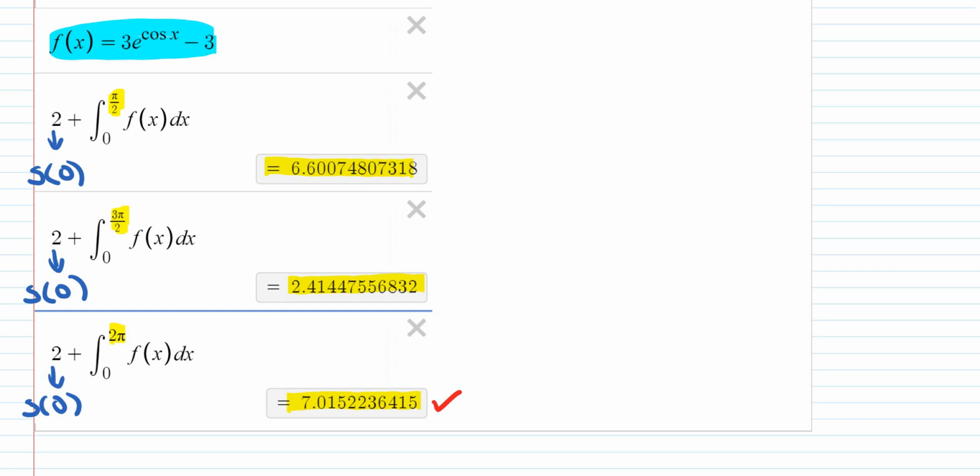If I draw a little number line here, this has to do with your position and time values. So when time t equals 0, you're at a position of 2. Okay?